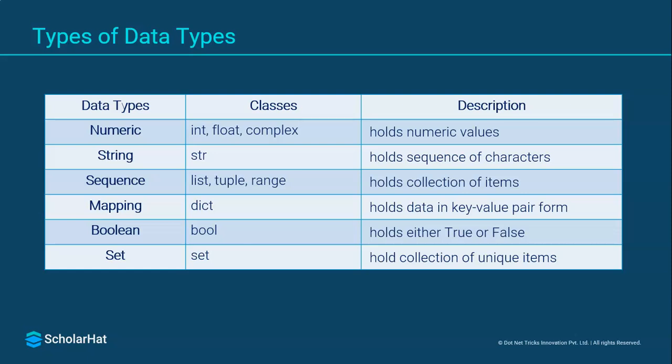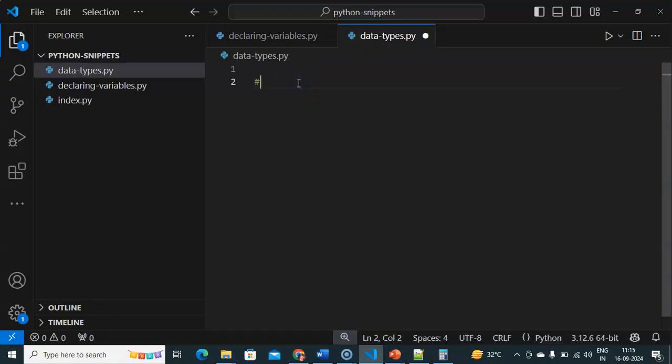Let me discuss some real-time usage and how we implement data types in Python in action. If I talk about the numeric data type, let's say integer, I will say value 1 is 100, and this is integer.